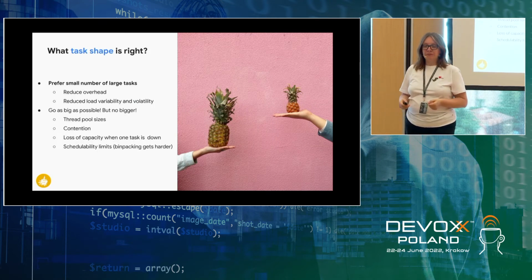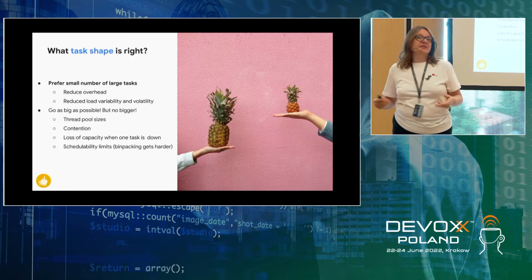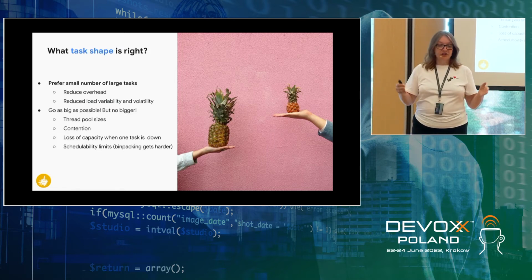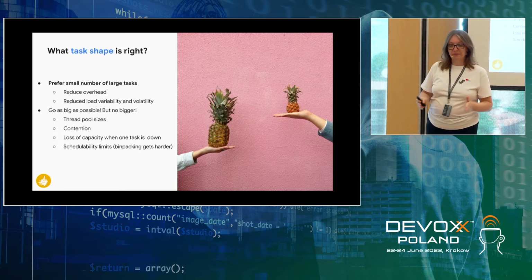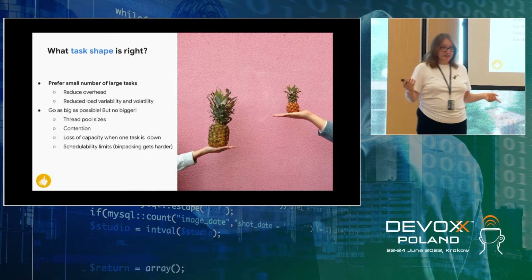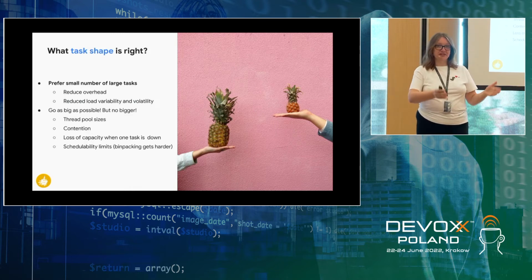The rule of thumb is to prefer larger tasks, but having a smaller number of them. Why? You reduce overhead. If you have many tasks doing nothing, they waste more resources than just a few tasks doing nothing.